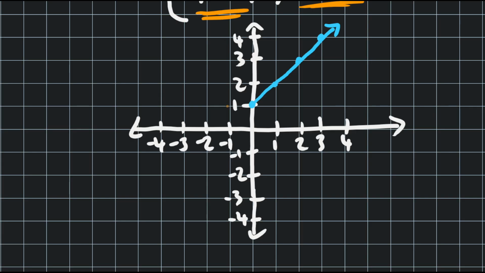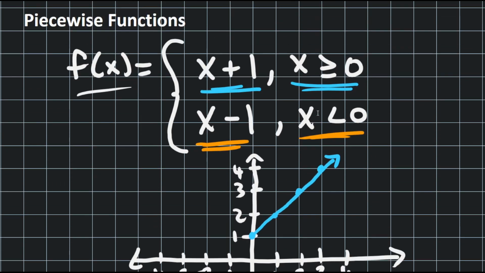So negative 1 on the y-intercept, but we're going to leave that circle open because we're not including x is 0. That's very important. x right here has to be less than 0. There is no equal to bar right here. So because there's no equal to bar, it has to be only negative numbers, not including 0.